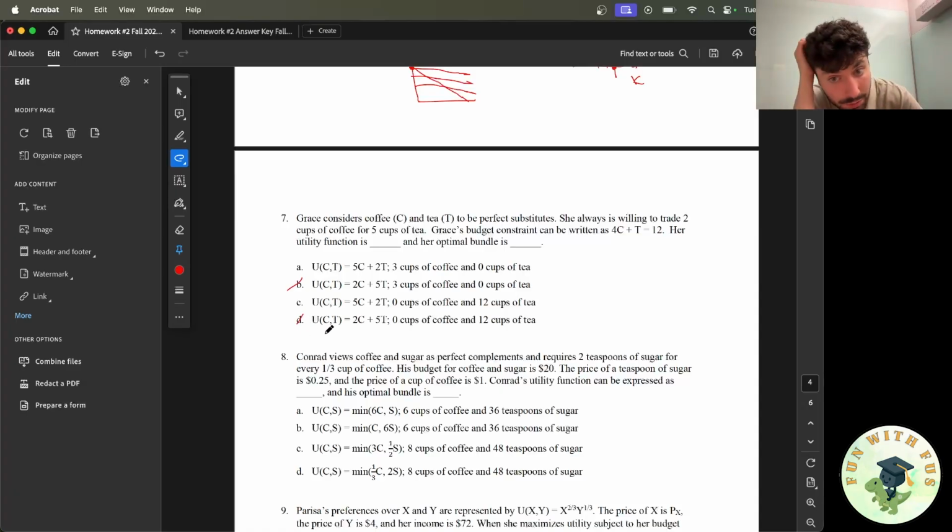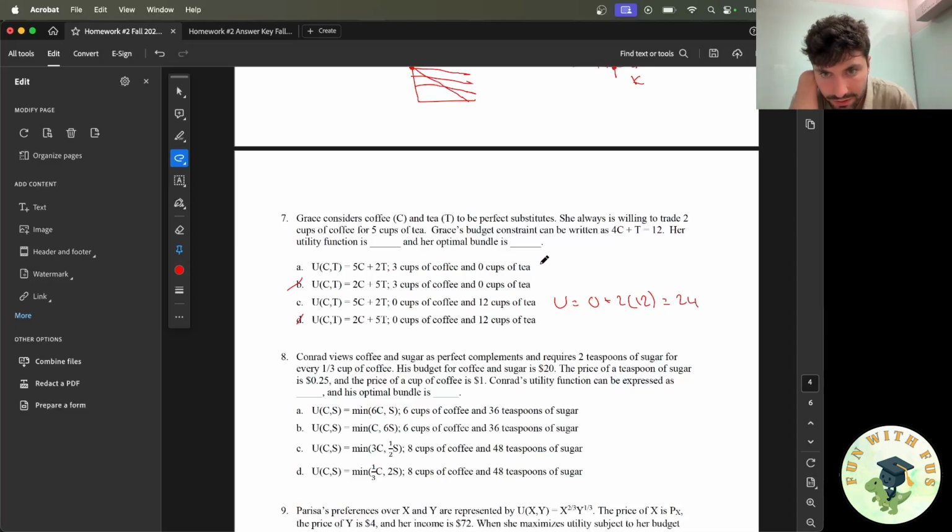And her optimal bundle, so we only have corner solutions because we're on a perfect substitute. I think you can really just plug it in at that point. So 12 cups of tea would be utility equals, I'll just write out the whole thing, plus 2 times 12, which equals 24.